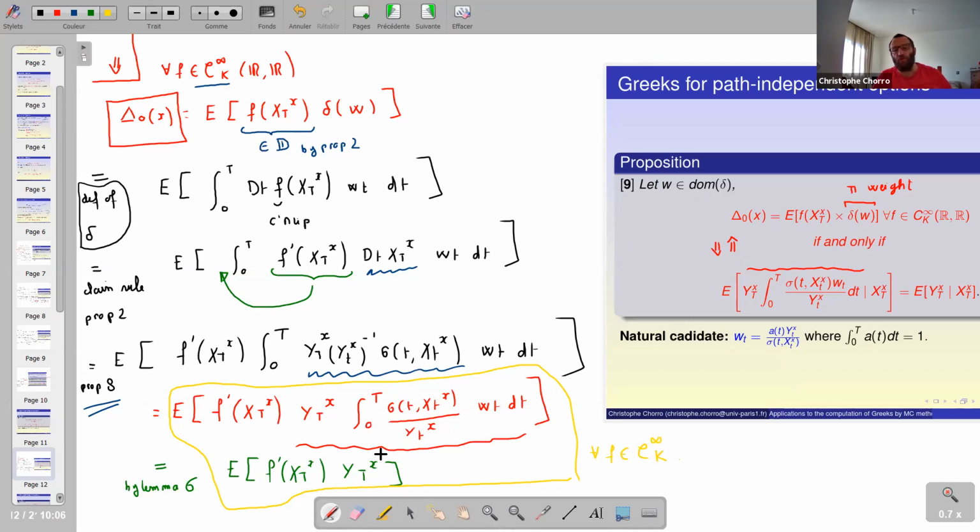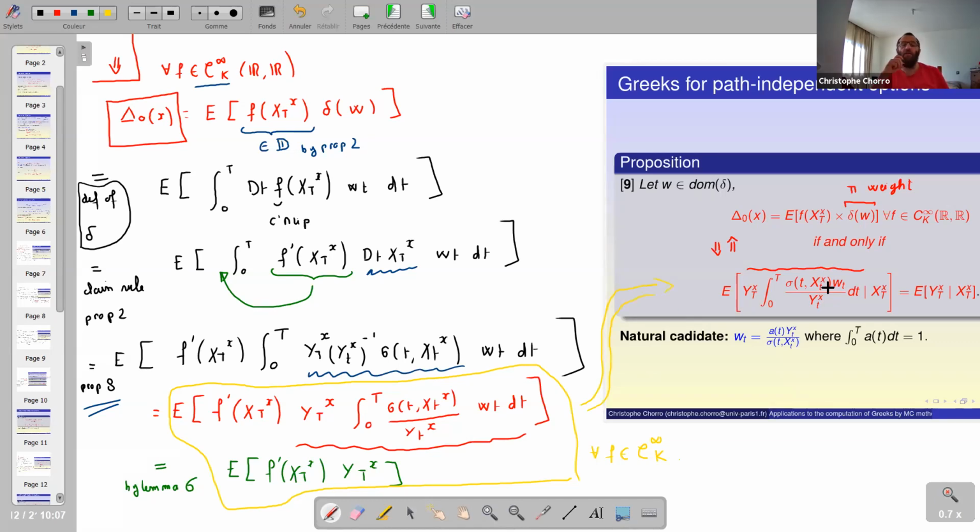And from the definition of the conditional expectation, the fact that I have this equality for any f of class C infinity with compact support means that the conditional expectation of this quantity with respect to X_T(x) has to be equal to the conditional expectation of this one given X_T(x). So this one implies exactly what I want.